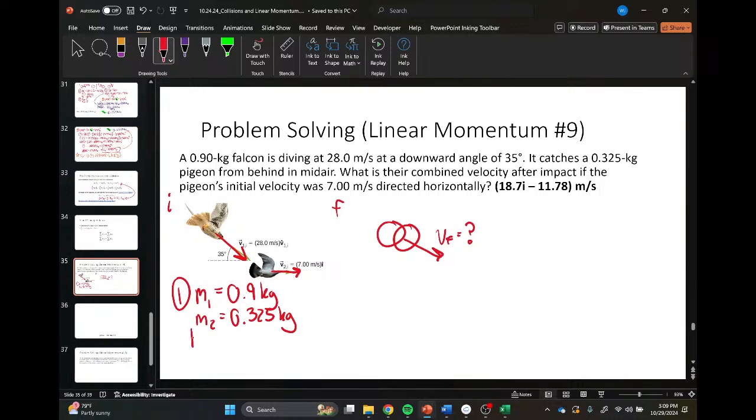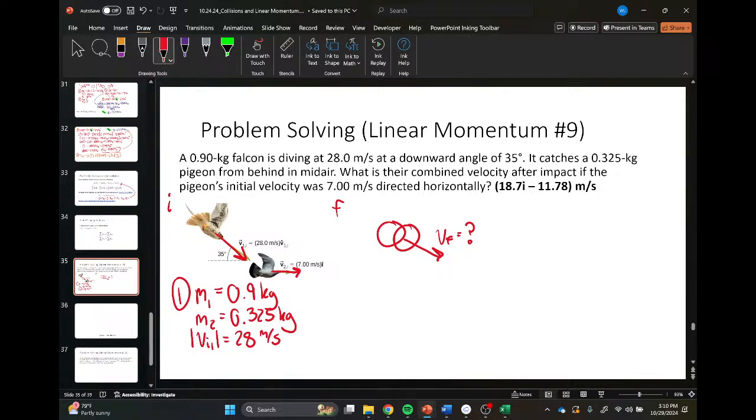We have the magnitude of the initial velocity of the falcon, 28 meters per second. And immediately, the fact that we have a velocity at an angle means your mind should recognize there's a step we're going to need to do, and we're just going to do that step now versus later.